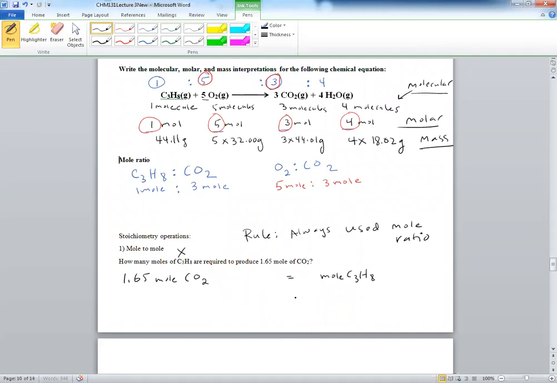So right away, I'm concerned with CO2 and C3H8. So let's erase these circles so we can do that one more time.